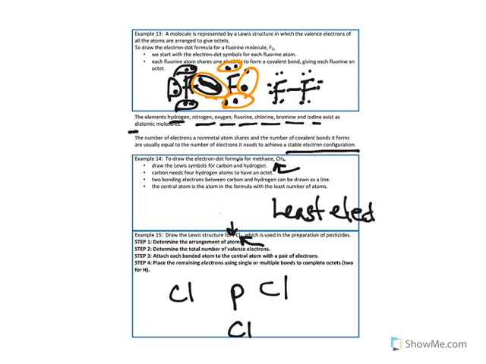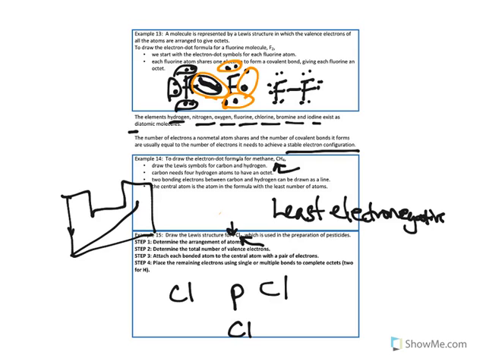The least electronegative. There is a table on D2L and also in your book that lists the electronegativity values if you're attempting to determine who is least electronegative. Although you might remember on the periodic table, the trend for electronegativity is that it increases up and to the right, with fluorine being the most electronegative element ever.